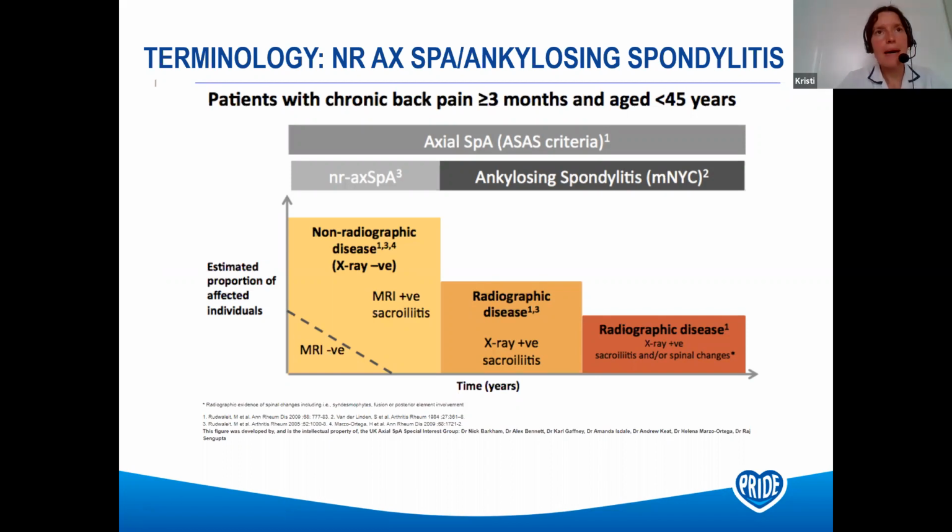But they may come back, and there's a study being done by our specialist MSK radiologist who looked at patients presenting with really mild sacroiliitis on MRI, so not definitive for axial SpA.